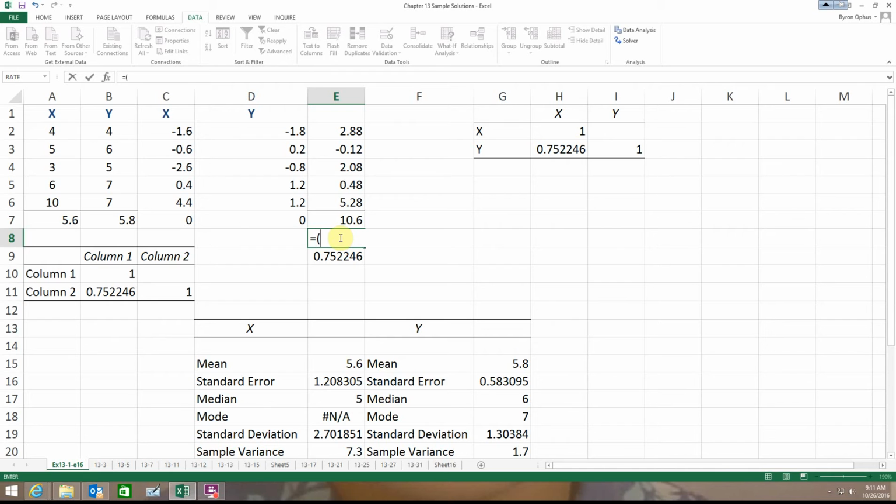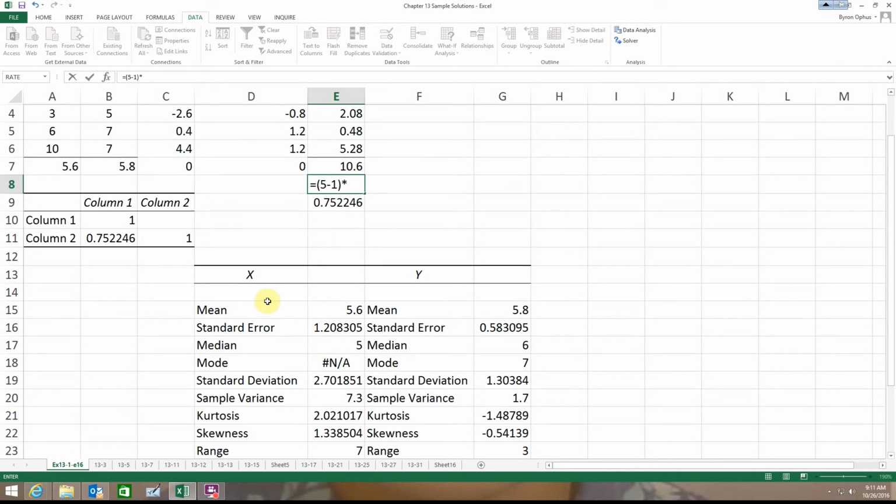We ought to put 5 minus 1. You guys could do that math in your head if you wanted to, times the standard deviation of x, times the standard deviation of y. So here's my y standard deviation. It's too easy. Hit my enter, and there I have it.